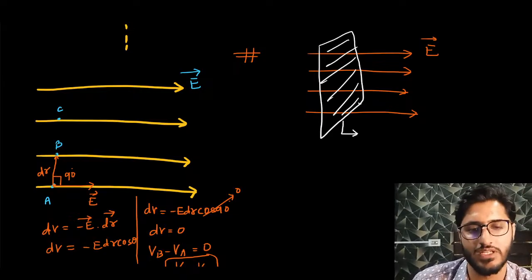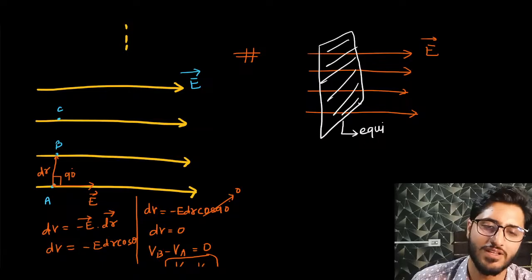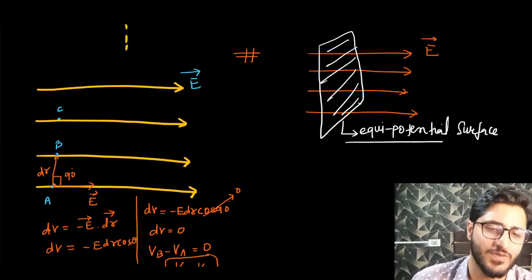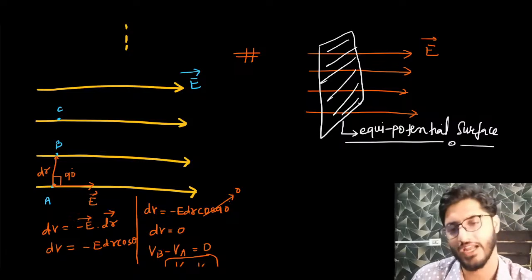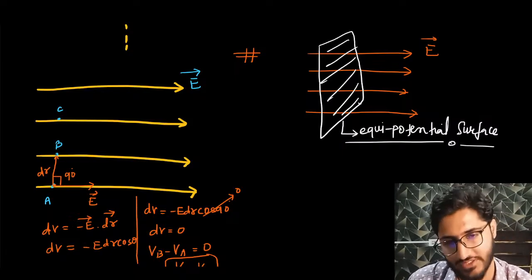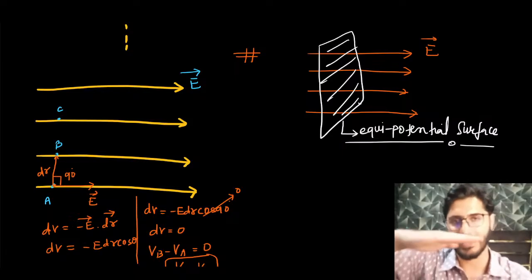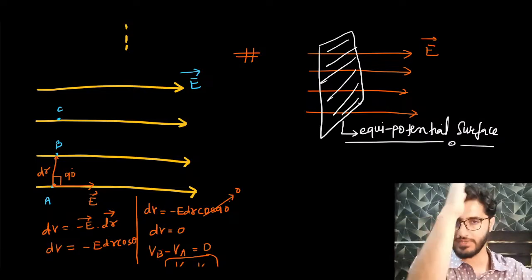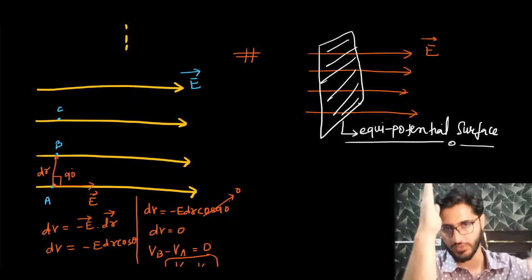An equipotential surface. You need to imagine it. This is very easy. And I just proved why it is an equipotential surface. If the field lines are going in this way, one line, second line, my equipotential surface will be perpendicular to them.